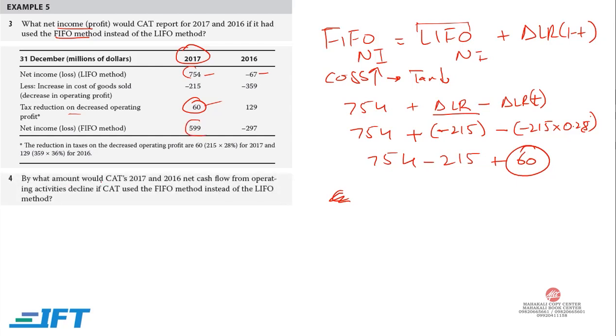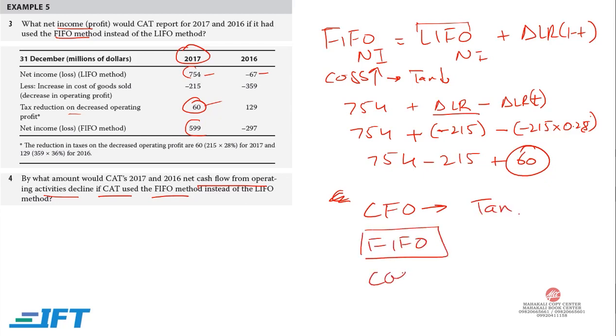Now by what amount would CAT's 2017-16 net cash flow from operating activities decline if CAT used the FIFO method instead of the LIFO method? Cash flow from operations is impacted by taxes. Under FIFO, because our cost of goods sold is higher, we are paying less taxes. So we are paying $60 million less taxes in 2017 and 129 less taxes in 2016.